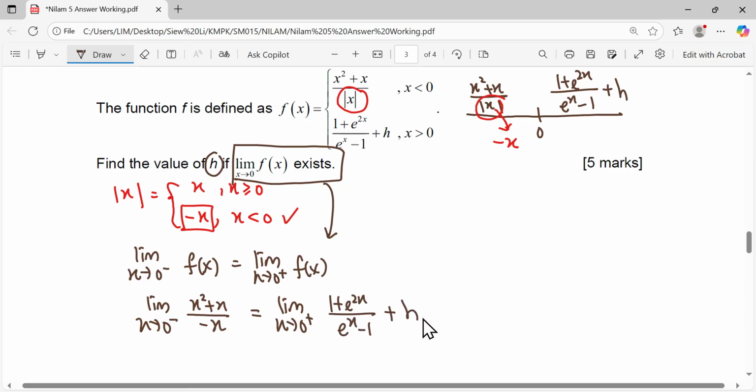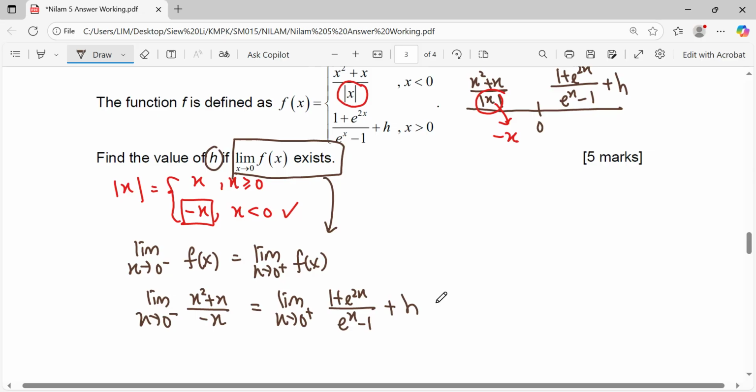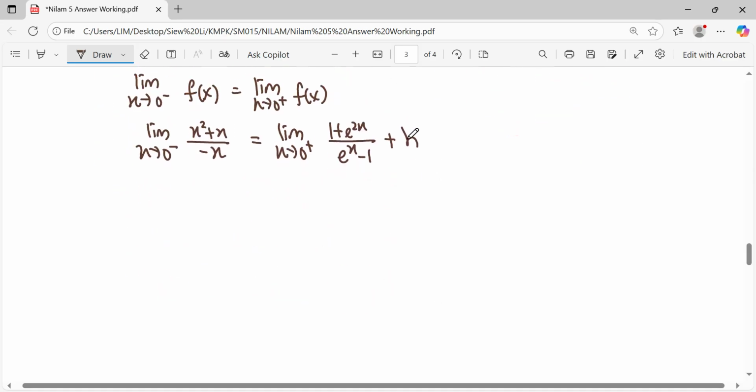And when x approaches 0 from the right-hand side, our function is 1 plus e^2x over e^x minus 1 plus h. Now we're going to simplify our limit so that we can find out what h is. Substitute 0 inside, I notice here I get 0 over 0, indeterminate form, which means I need to factorize and simplify the factor. So I take out the x, factorize the x. The factor that makes you 0 over 0 is x, so you cancel, you simplify that x.